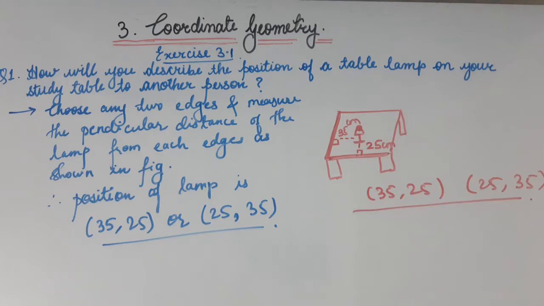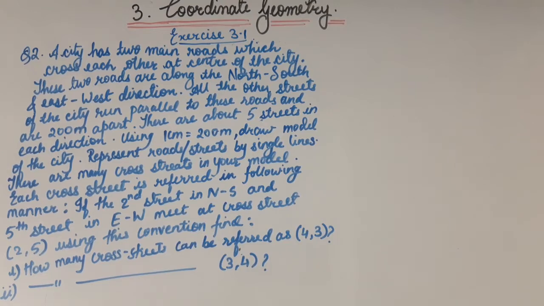Okay, now let us see the second question. The second question is really very lengthy, but though it is lengthy it is very easy. So the question is, a city has two main roads which are crossing each other at the center of the city.